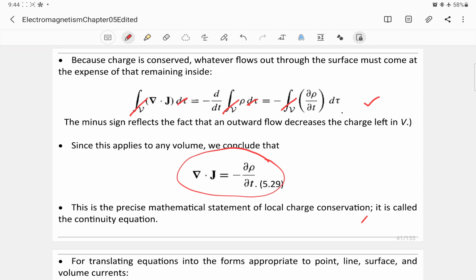By the way, this is now called the continuity equation.